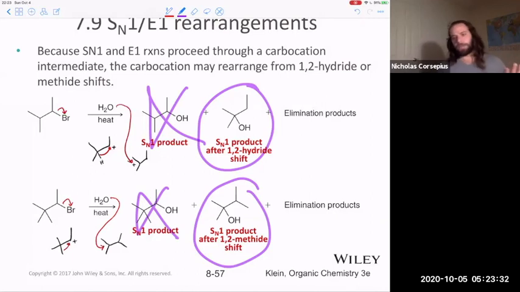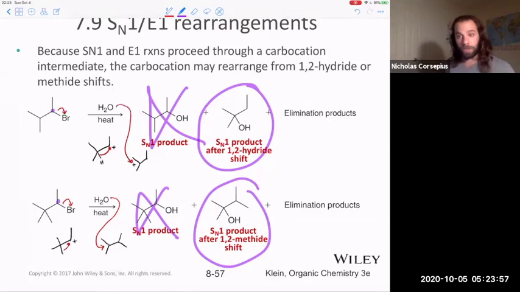I'll just give you the punchline as to why this is kind of a pain in the butt. It's probably kind of obvious, because you've got to look out for this. We're going to see that only tertiary alkyl halides undergo SN1 and SN2 reactions. So normally we wouldn't even look at a secondary alkyl halide, as these two both are, as undergoing SN1 or SN2.